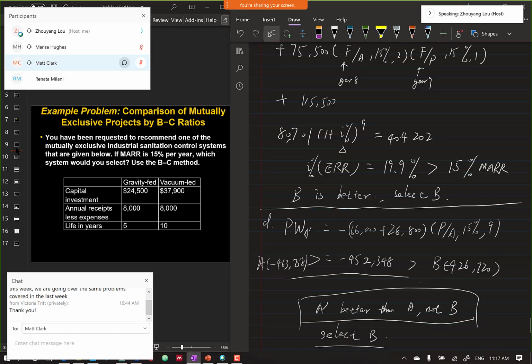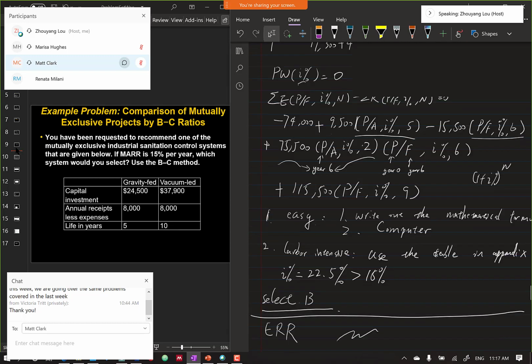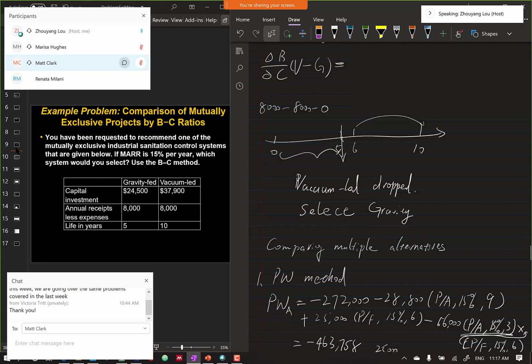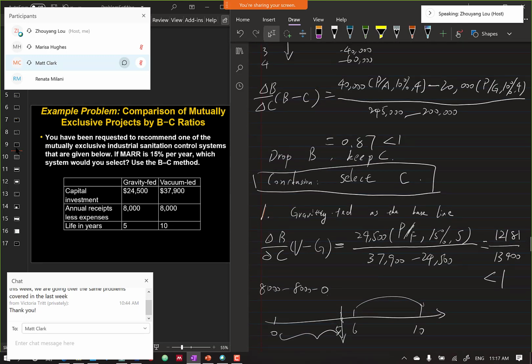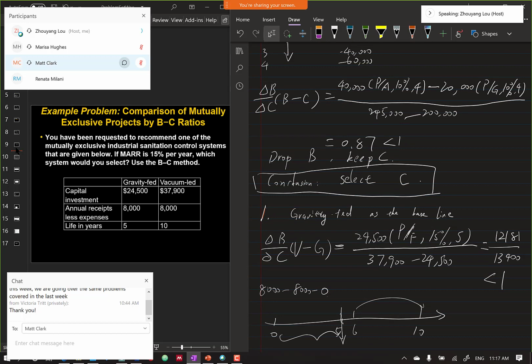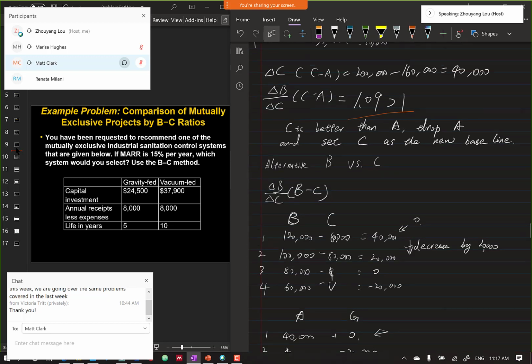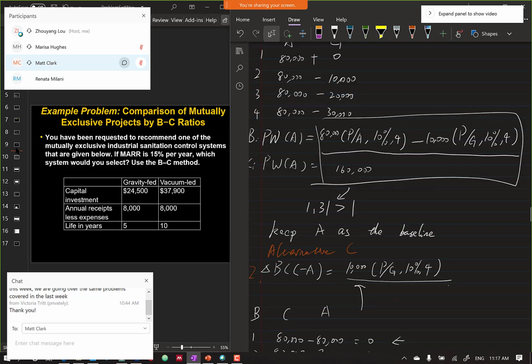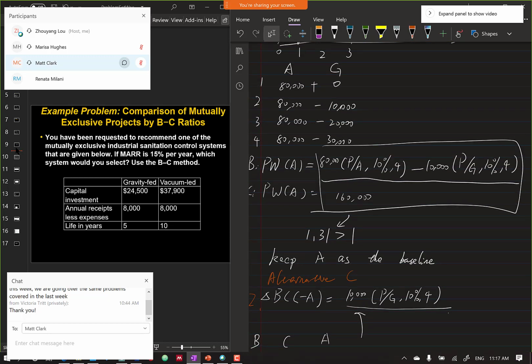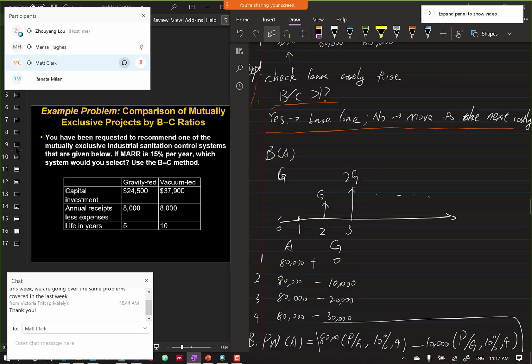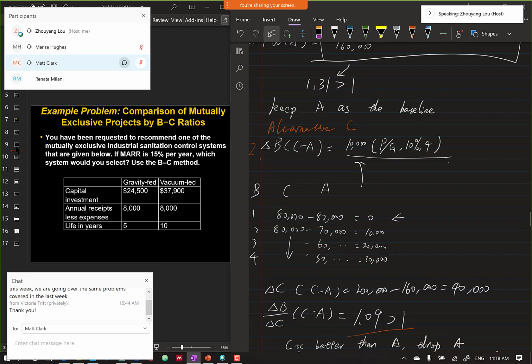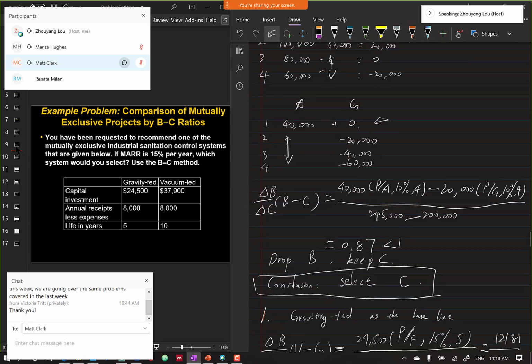So maybe it's good to just review this problem again, because I don't have similar problems prepared for now on this particular setting. I think for this problem, I haven't done it that way, but you can try and check.